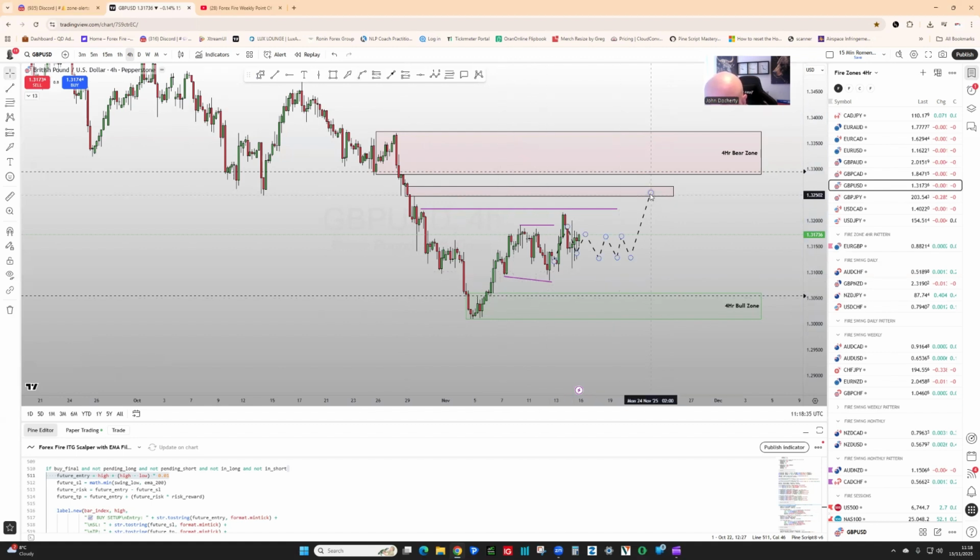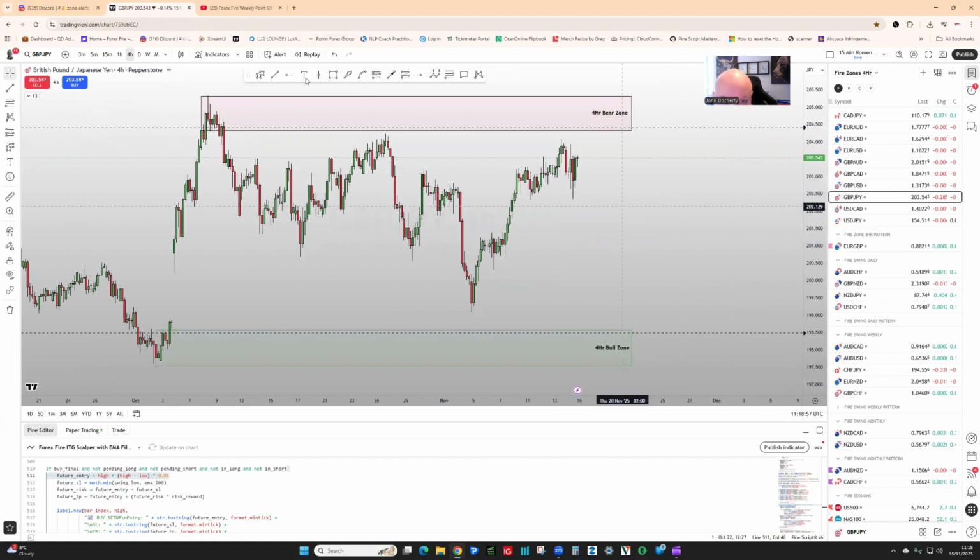If it pushes and goes above this, I think we'll be looking at the top, mess around in these higher areas, and then we might get that continuation down. So that's a look at what I'm looking at, and this is just based on the 4 hour.